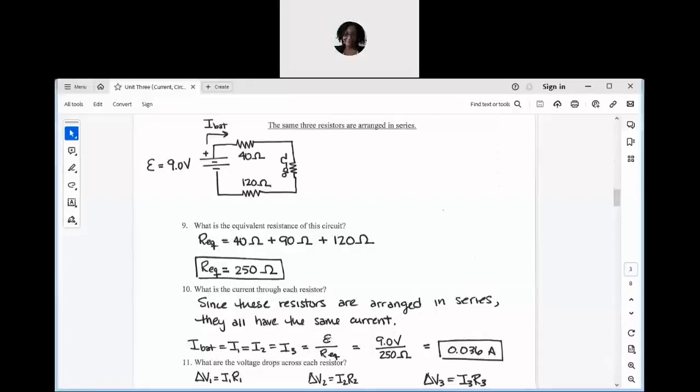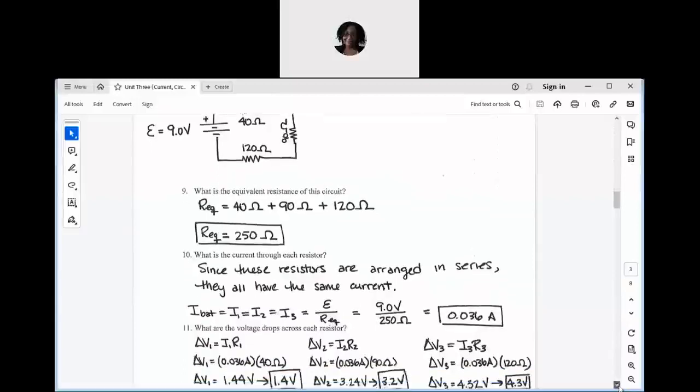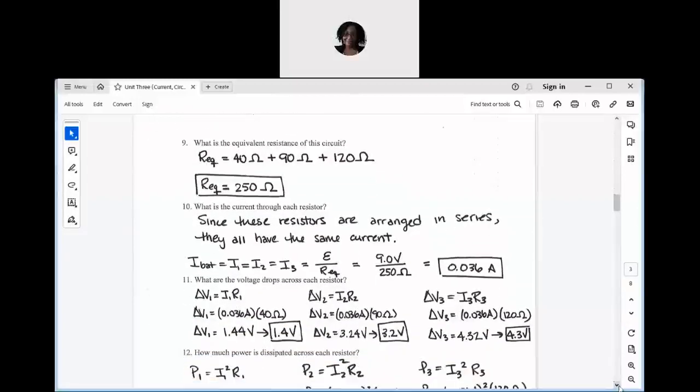So I take the EMF, because I know for sure that the voltage drop across each individual resistor is not going to be 9 volts. But combined, if I go through the entire loop, the voltage drop is 9 volts. So 9 over 250 gives me 0.036 amps, rounded to 2 sig figs.